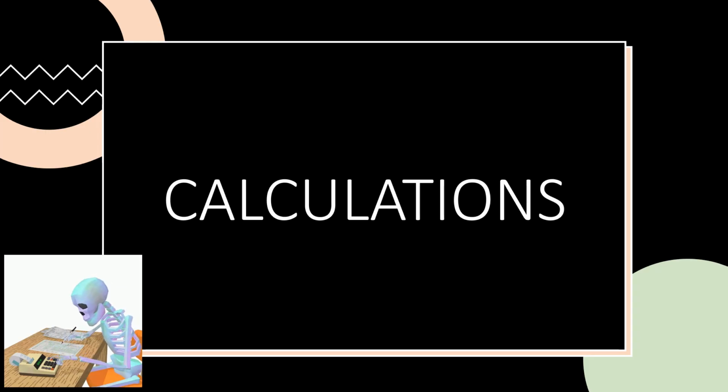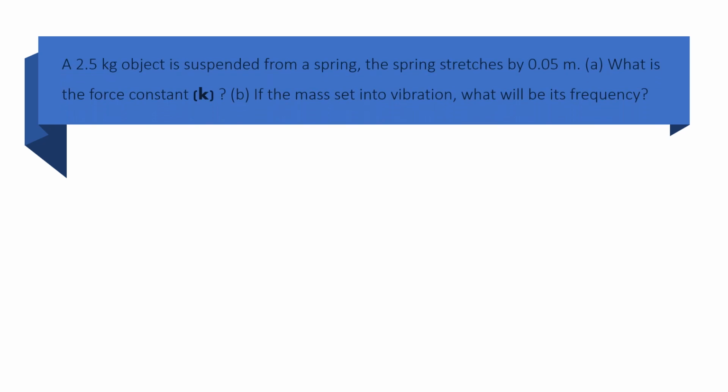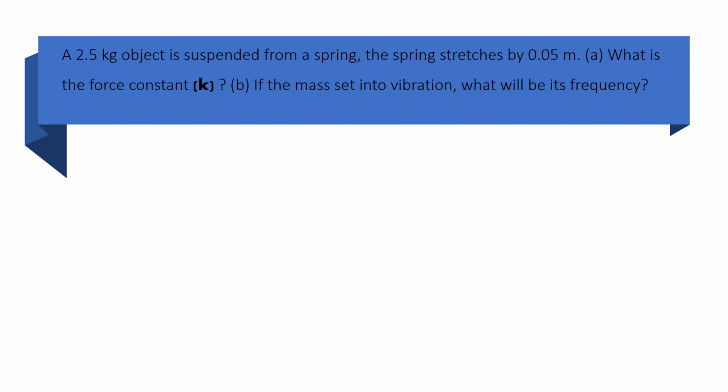Now let us proceed with the calculation. You have to ready your pen, your calculator, and your paper before we proceed with the last part of the lesson, which is the solution. So, here is the last problem.